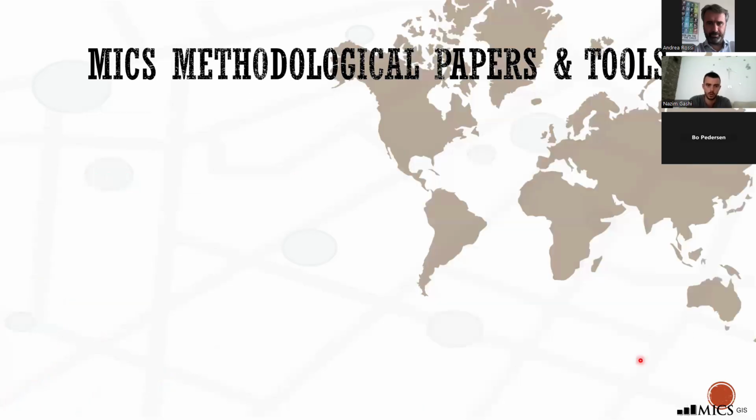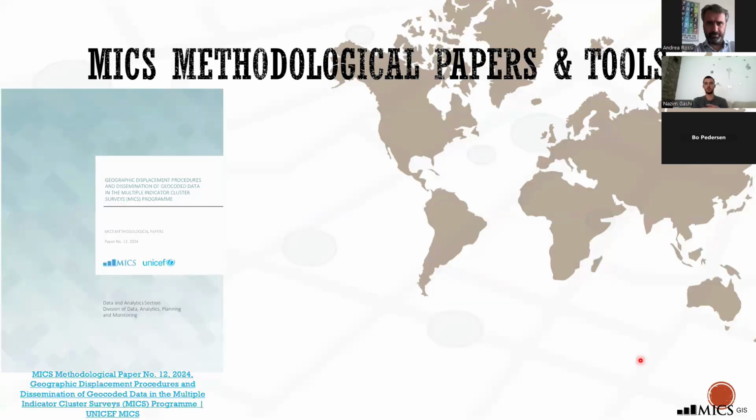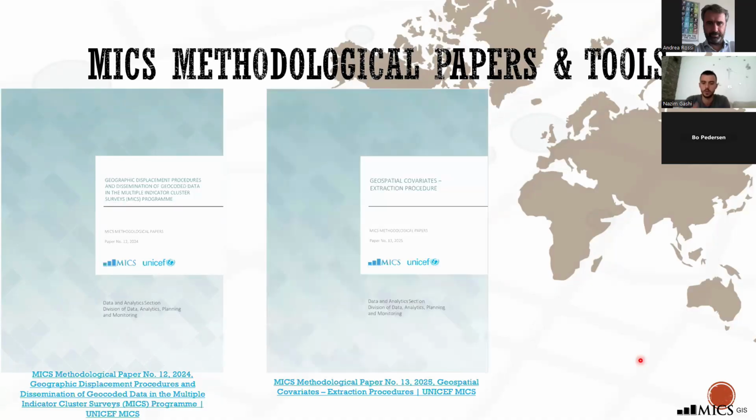For all this work that I have presented, we have launched our geospatial covariates methodological paper. Just yesterday, we put this paper online, and it is MICS methodological paper number 13. And here you can find much more detail for each specific indicator that I briefly mentioned during this webinar.